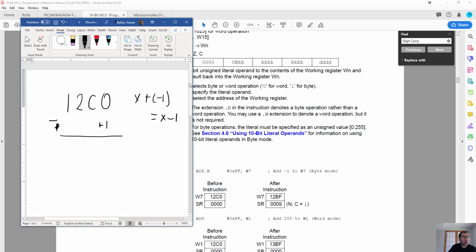If you subtract, 0 minus 1, you need to borrow here. I'm doing this in hexadecimal, so it's going to be 16 here. You borrow 16 from here, and 16 minus 1 is 15, which is F. Well, C, so you borrow 1 from here, so it's going to be B here, and then 2 and 1.